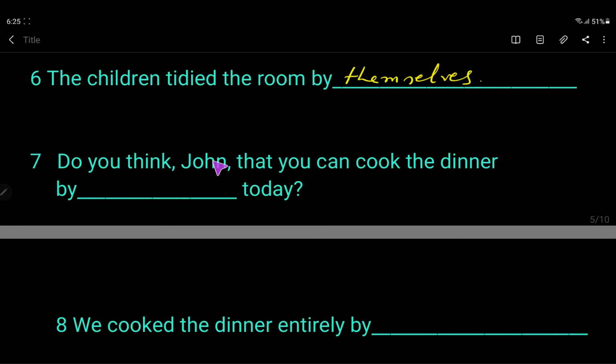Do you think, John, that you can cook the dinner by whom? By, of course, by yourself. We cook the dinner entirely by, who is a plural form, so it will be ourselves.